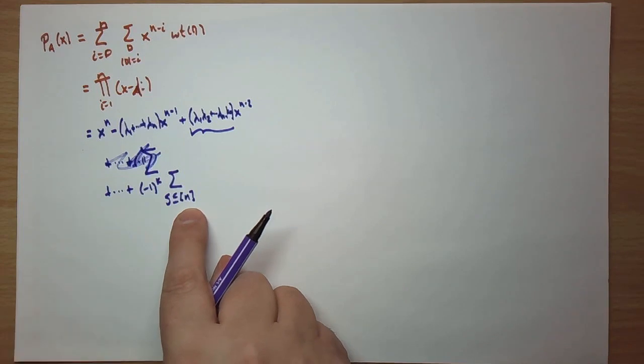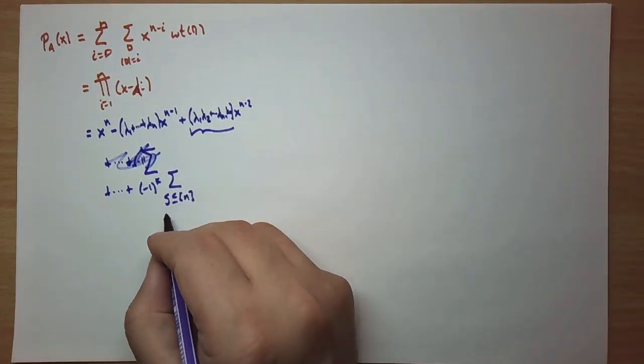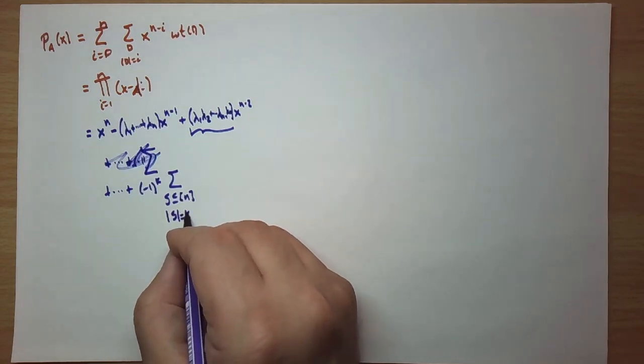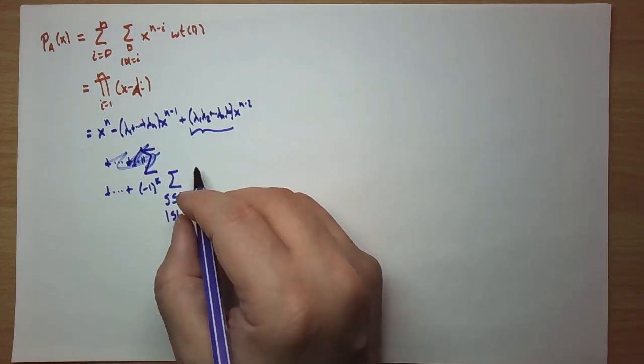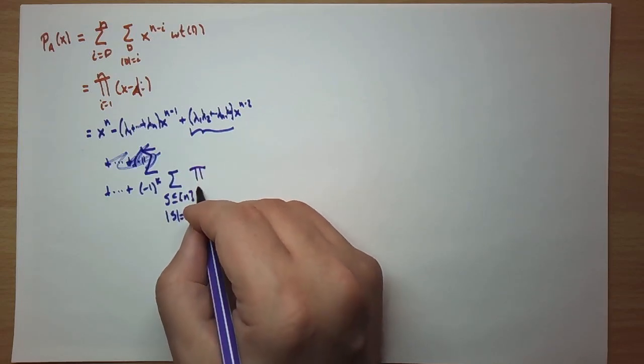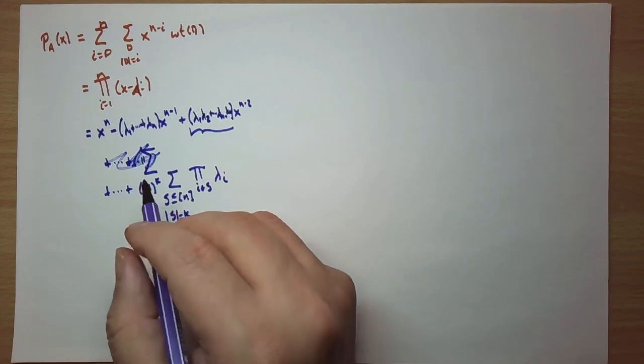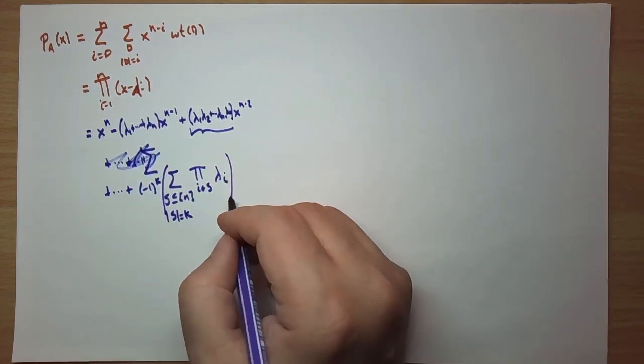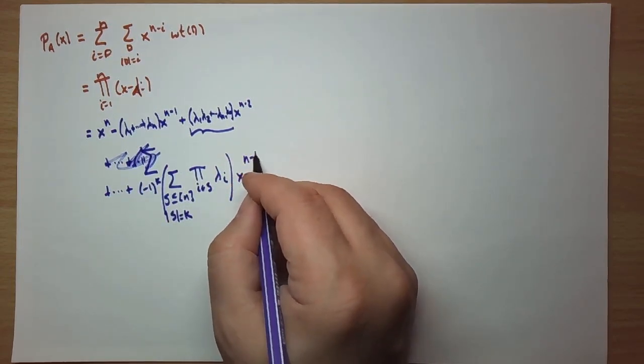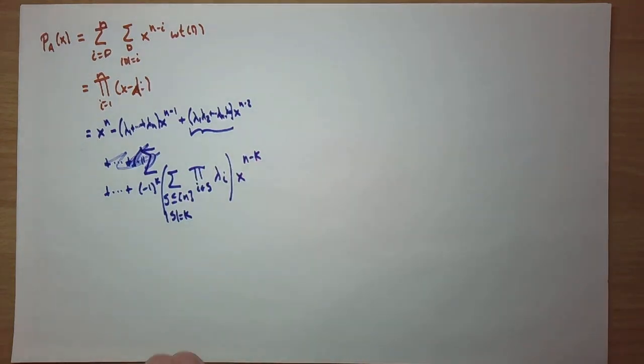So this square bracket n square bracket means just the numbers 1 through n, where the size of S equals k, of the product of everything in S, lambda i, and then all that times x to the n minus k. So yeah, it doesn't have to be pairwise. So it's lambda 1 lambda 2, lambda 1 lambda 3, lambda 1 lambda 4, and then lambda 2 lambda 3, lambda 2 lambda 4, you know.